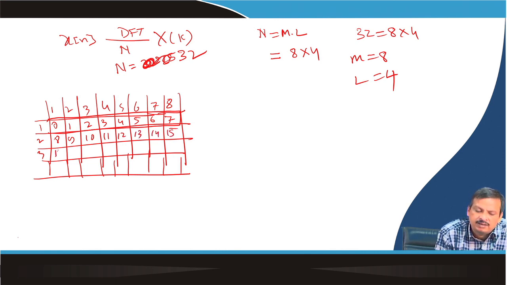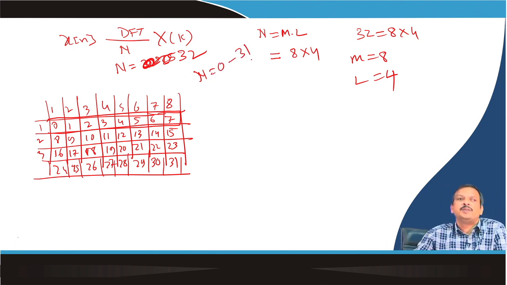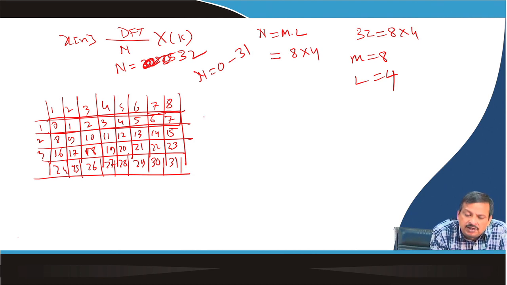Then 16, 17, 18, 19, 20, 21, 22, 23. Then 24, 25, 26, 27, 28, 29, 30, 31. So n varies from 0 to N minus 1, that means 31. I have written the samples row wise.